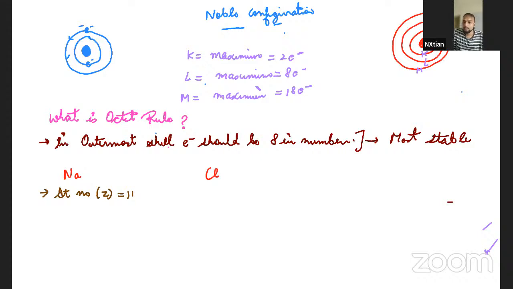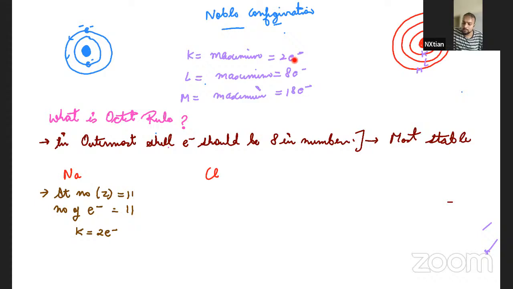So, Jehovan, tell me, if atomic number is 11, then what is the number of electrons? 11, right? Yes. So the number of electrons will be 11. Okay. Now, Hannah, how many electrons will go in K shell? In K shell, 2 electrons will go because the maximum capacity of K shell is 2 electrons only.